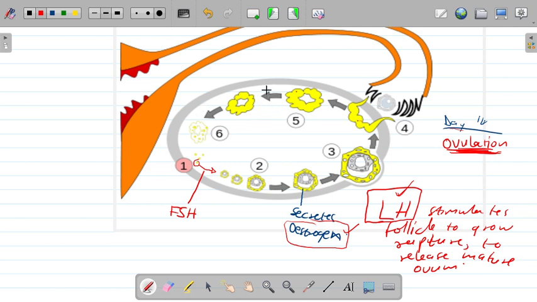Great. All right, that's the function of progesterone. So the corpus luteum, let's do this. The corpus luteum secretes progesterone.